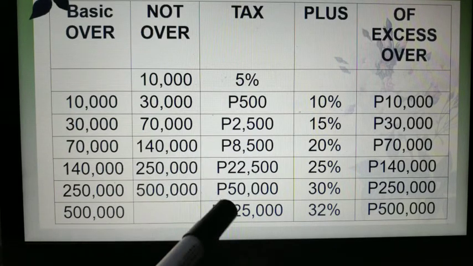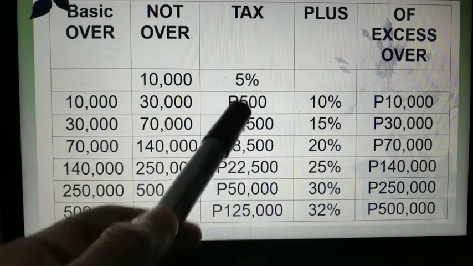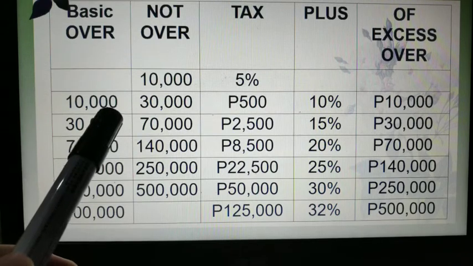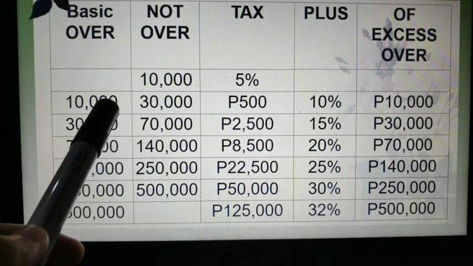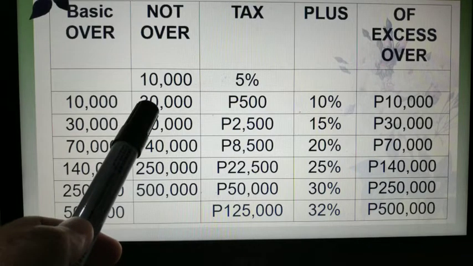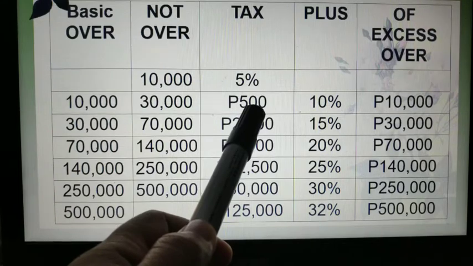And then, ang kukunin mo na tax is eto, the range. So for example, if the income generated by the business is 10,000 to 30,000 in range, so ang tax niya is 500 pesos.